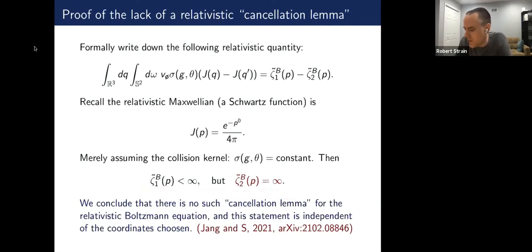And this statement is moreover independent of the coordinates that you use. You do have some choice in the coordinates that you use in Q and Q prime, and this statement happens to be independent of those. So that's a problem, that we don't have a cancellation lemma.